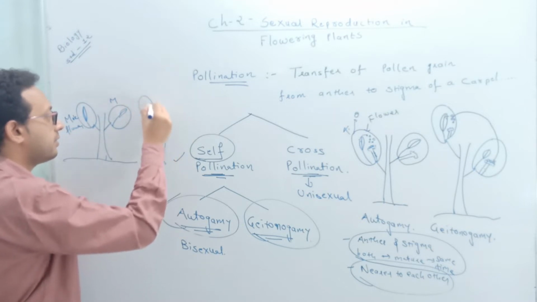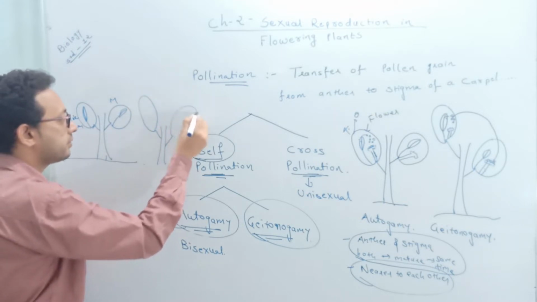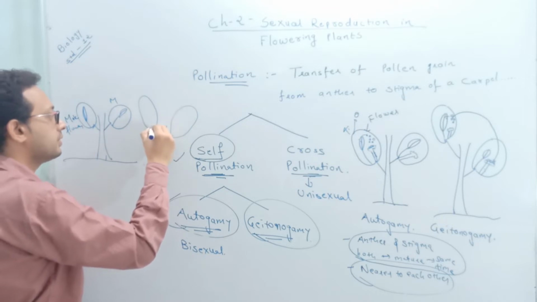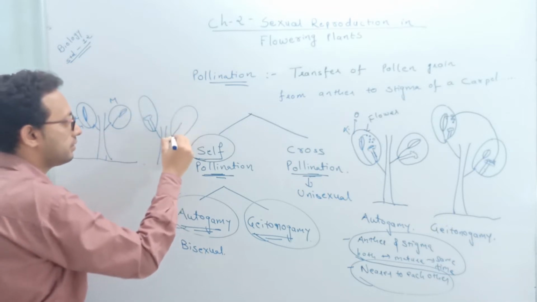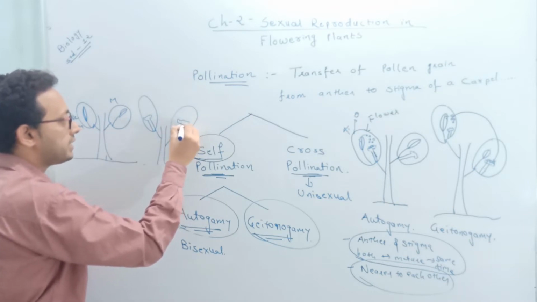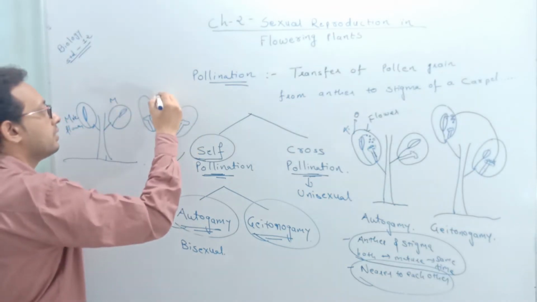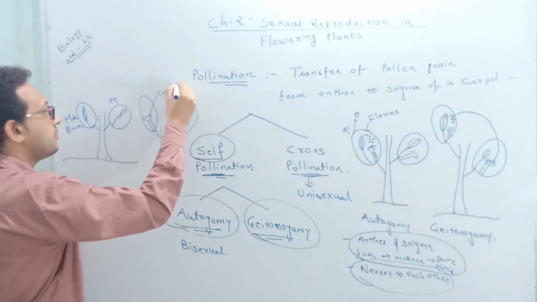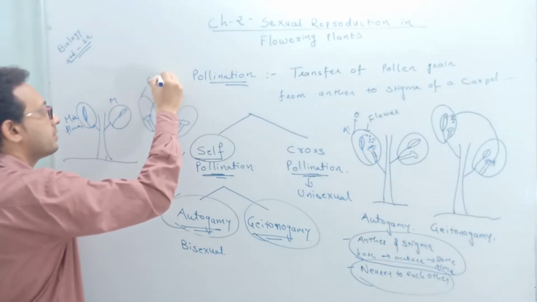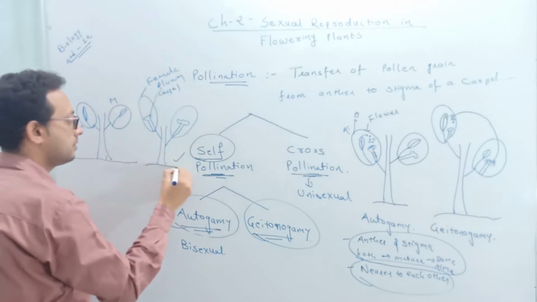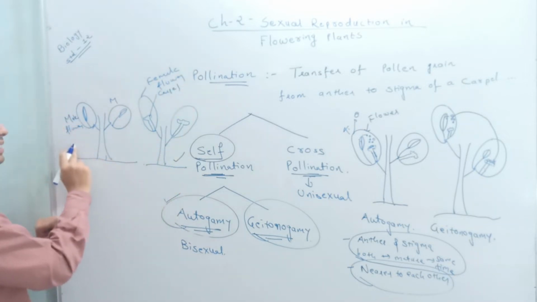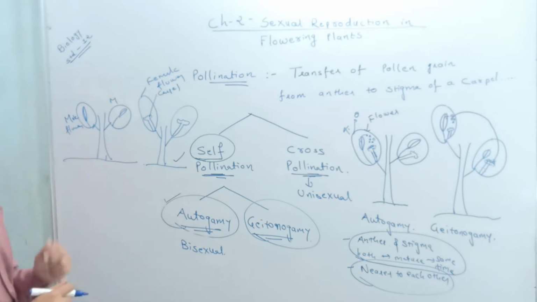In another plant there is a flower. It has a female reproductive organ like a carpel. As it is a female reproductive organ, the carpel, this flower is called a female flower. So this is a plant which possesses the male flower, and this is a plant which possesses the female flower.